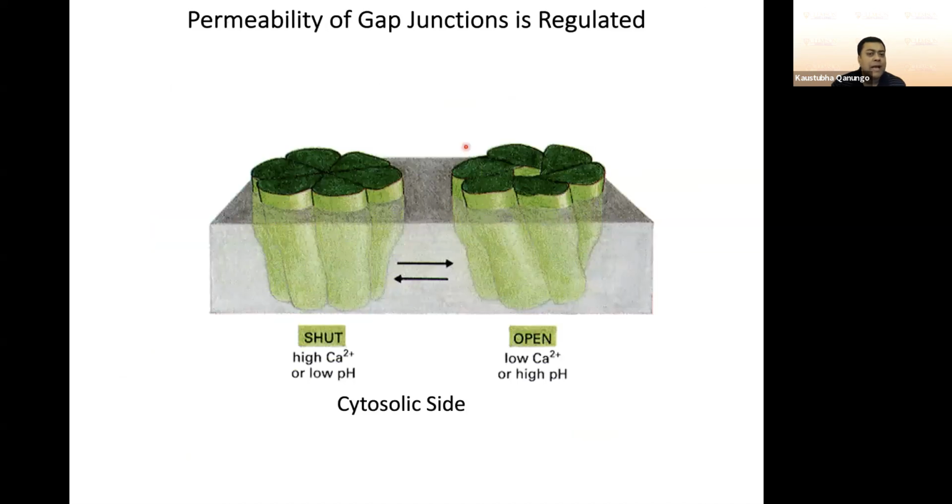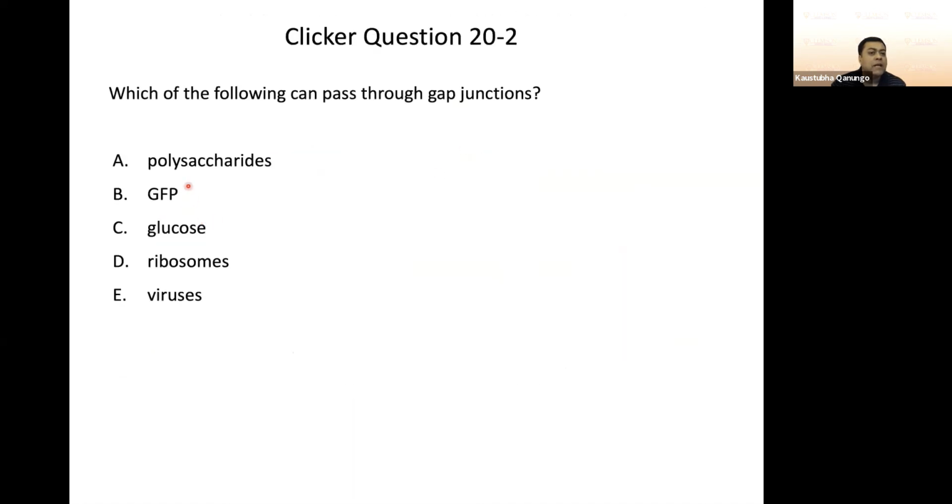But remember that GFP is a green fluorescent protein. It's a protein molecule, and it's approximately 27 to 30 kilodaltons in size. You don't need to remember that, but a protein will not pass. Even if you do not know the molecular weight, it's a green fluorescent protein. This is not a fluorophore. It is much, much larger, and it will not pass through. A fluorophore is a much smaller molecule, which can pass.